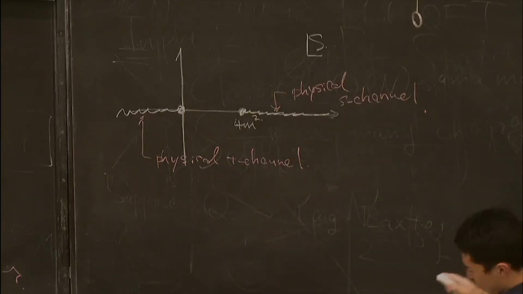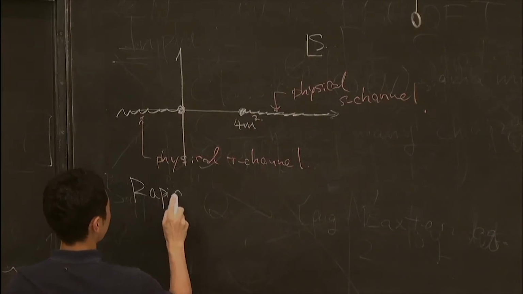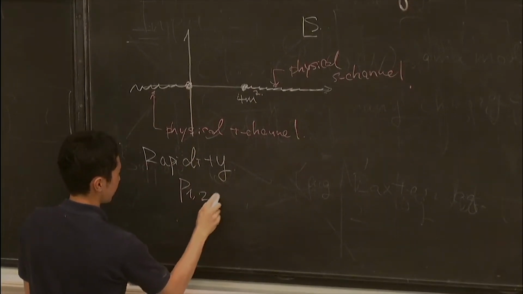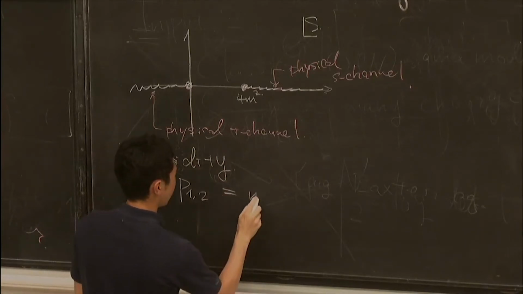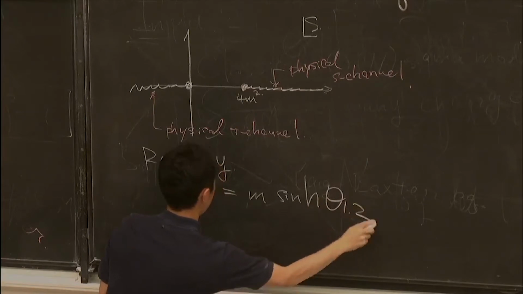But now I'm going to introduce what's called rapidity variables, which are related to momentum in this way. For each momentum, I parameterize it by sinh and cosh.